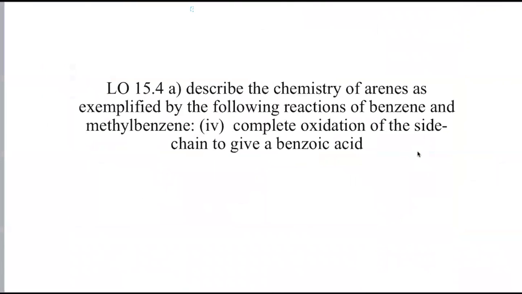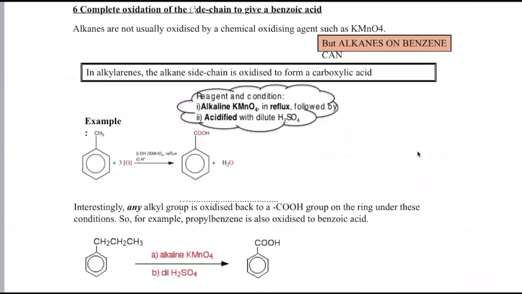So the last 2 mini reactions of benzene that we're going to look at is the complete oxidation of the side chain to give a benzoic acid. Okay, so here we have methylbenzene. Okay, as we know that methane cannot be oxidized, right?